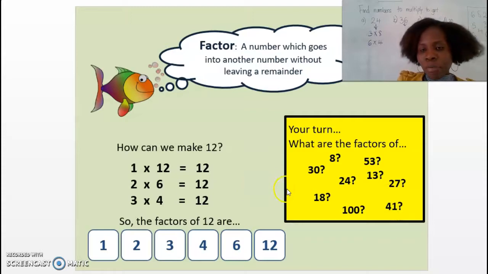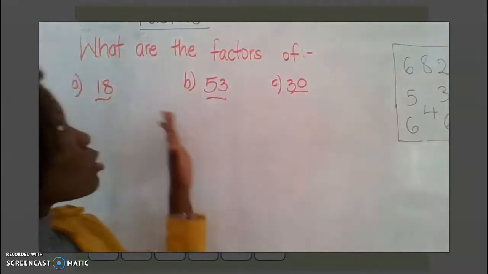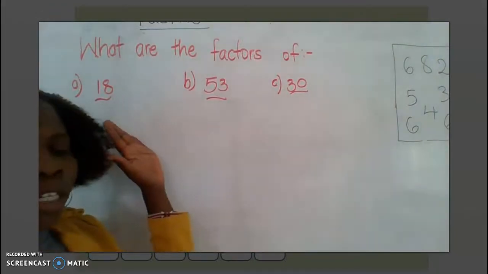I'll take for example 53 and 18 so that we can see the difference, because we are moving to the next level. Let's see. So we want to look at the factors of 18.